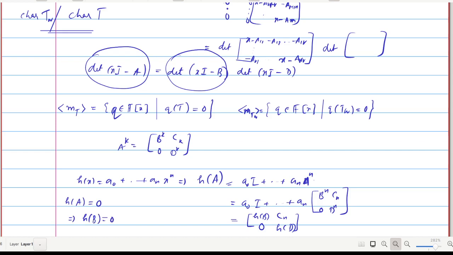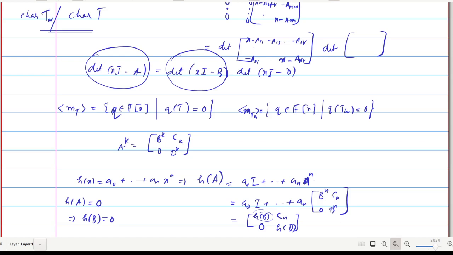That means whenever h annihilates a, then h annihilates b. The converse need not be true. If h of b is equal to 0, you can expect this term to be 0, but that never implies that all these things will be 0. So we have one implication: h of a equal to 0 implies h of b equal to 0.